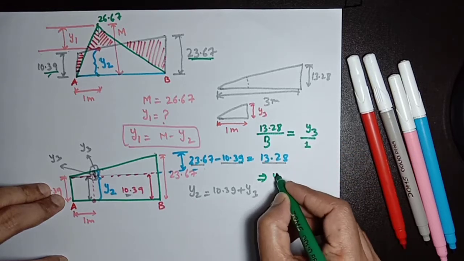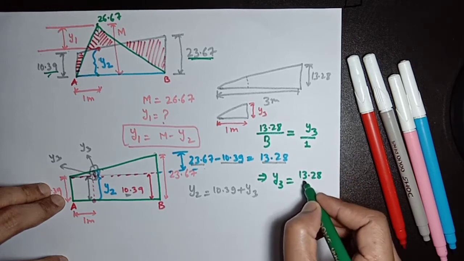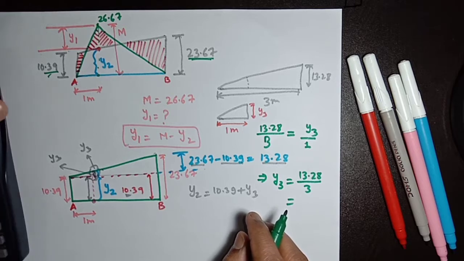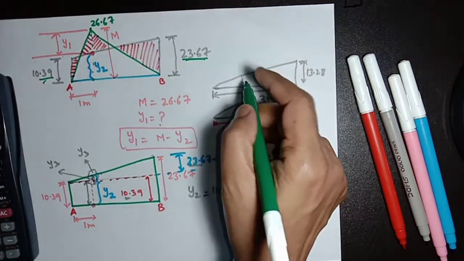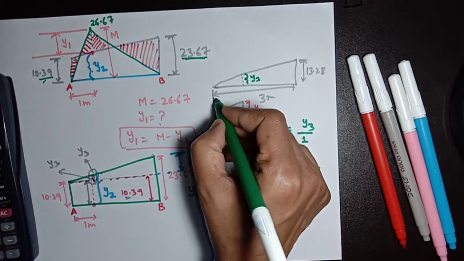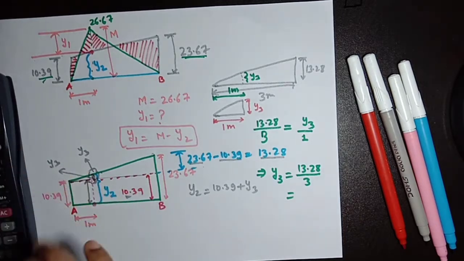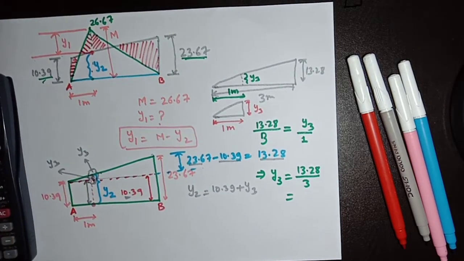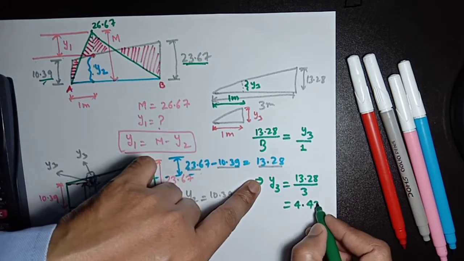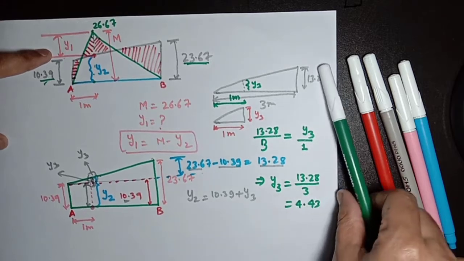So y3 will be 13.28 divided by 3, the distance of 1 meter. It will be 4.43. The value calculated here is 4.43.